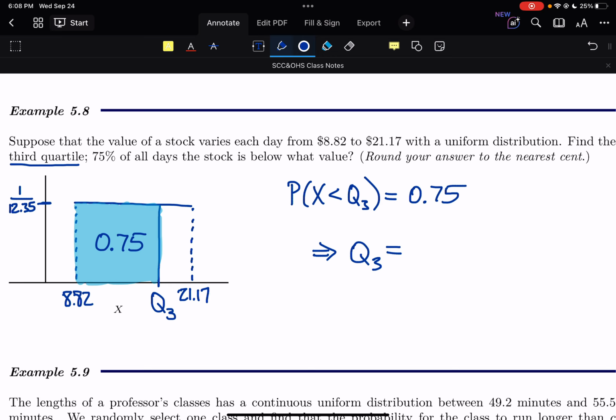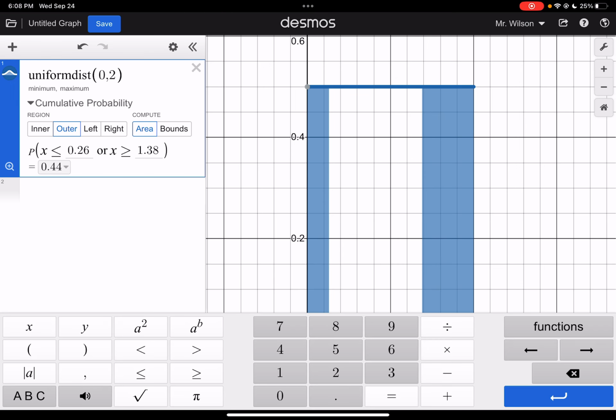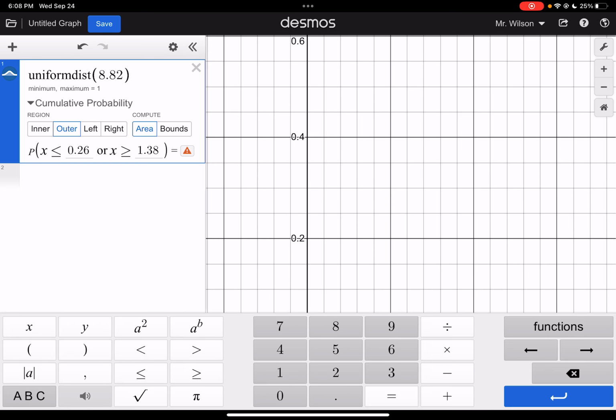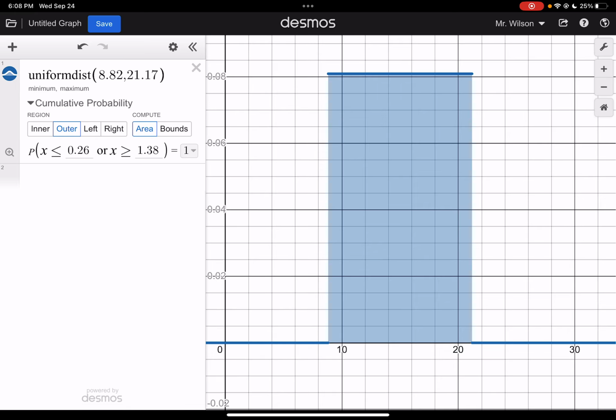So we're going to find Q3 and round to the nearest cent. Luckily, the technology can help us out here. So this particular uniform distribution is going from 882 up to 2117. So what we're going to do, instead of looking at the area, we want to find the bounds.